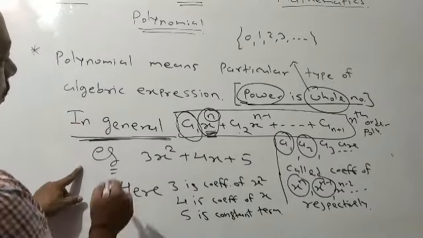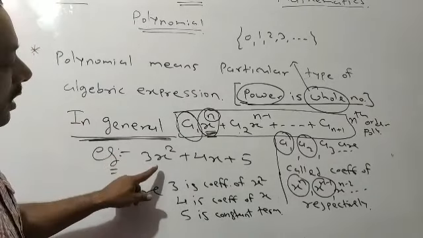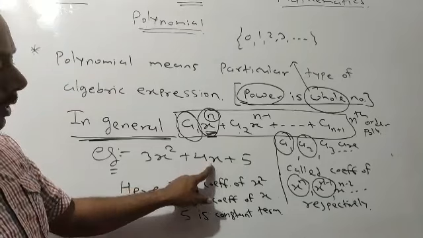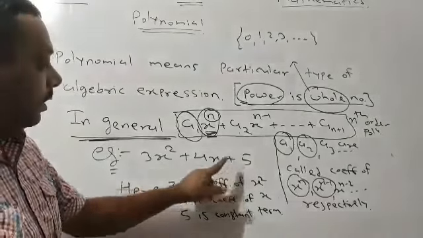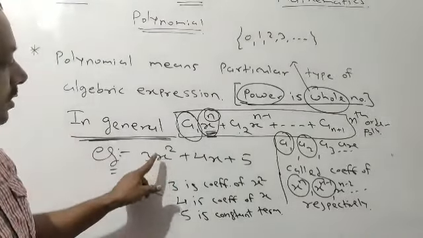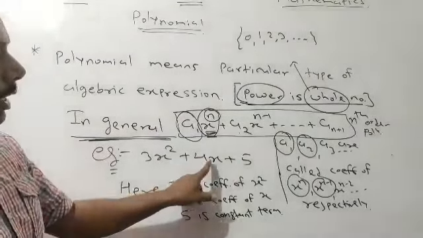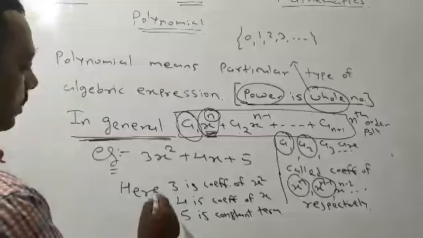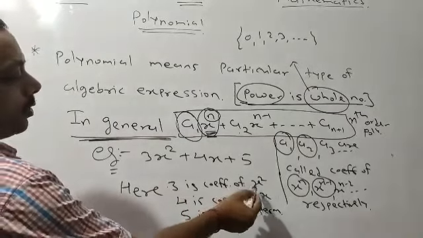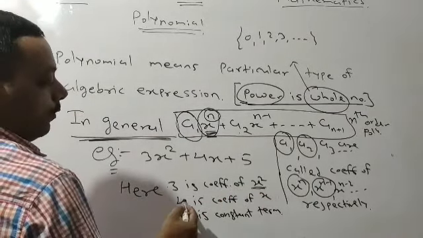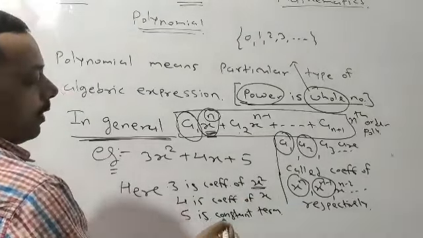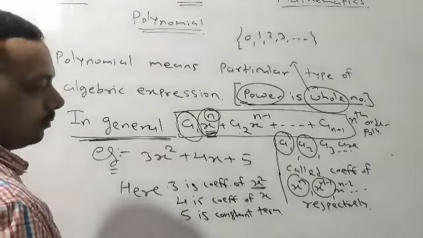I will write one example for you. 3x square plus 4x plus 5. Here the coefficient of x square is 3, the coefficient of x is 4, and the constant term is 5. See here, 3 is the coefficient of x square, 4 is the coefficient of x, and 5 is the constant term.